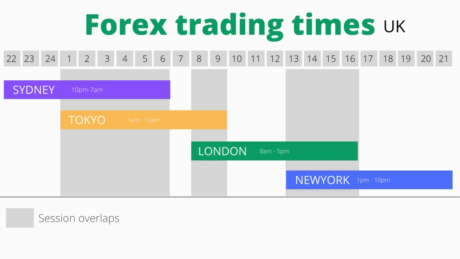So you may think, oh, well, I'll actually trade the pound against the US dollar because it will have a lot more volume at this time. But then you may think, well, actually, I don't want something that's going to be massive moves. I want to be a bit more reserved and play it a little safe. And you may want to trade another currency pair that moves a little bit slower.